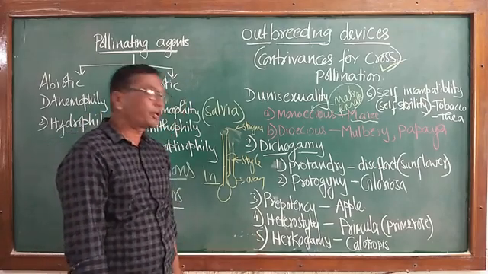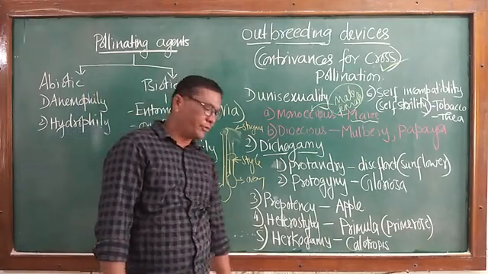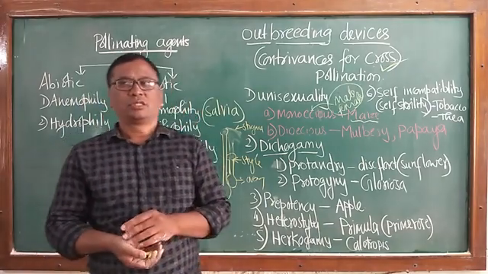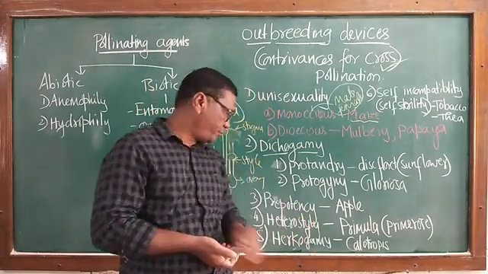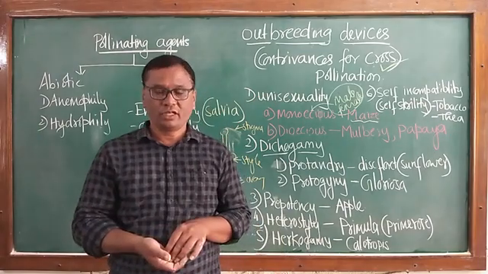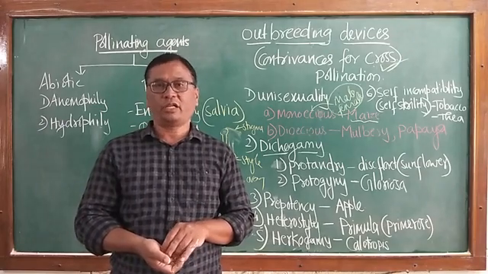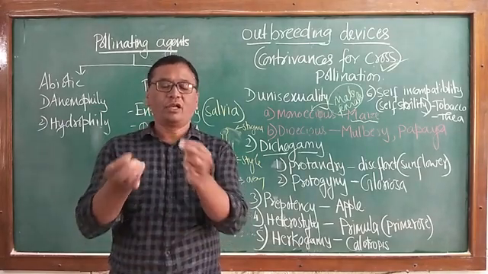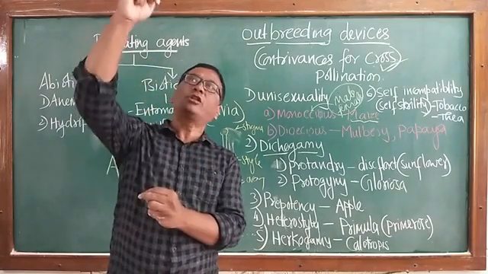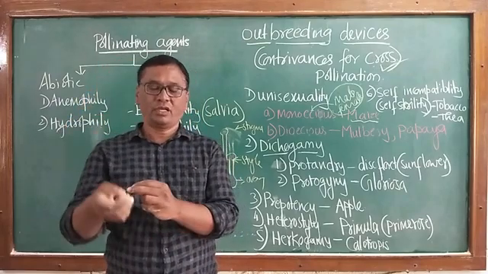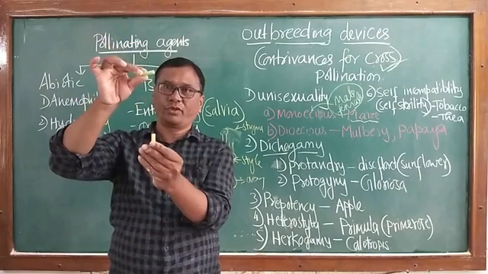Fifth one is hercogamy. In hercogamy, the stamens have a different kind of arrangement. In calotropis, the common example of hercogamy, the style and stigma are above the stamens. The style and stigma are above and the stamens lie below.